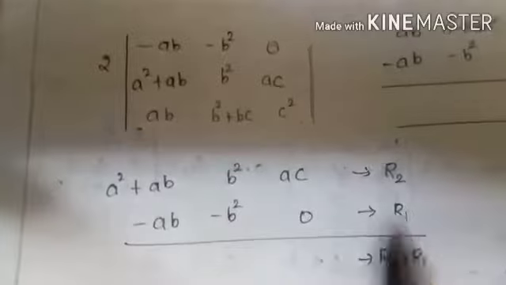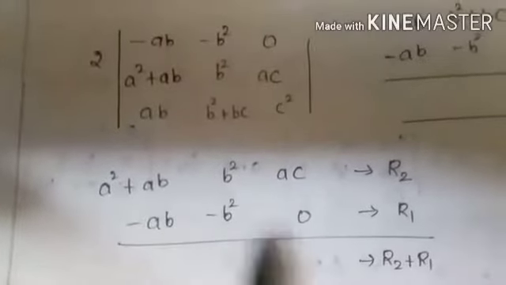From this determinant, we make changes in R2 and R3. R2 tends to R2 plus R1, where R2 is A squared plus AB, B squared, AC. R1 is minus AB, minus B squared, 0.